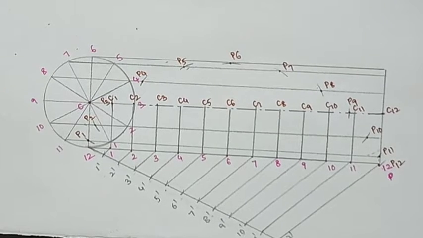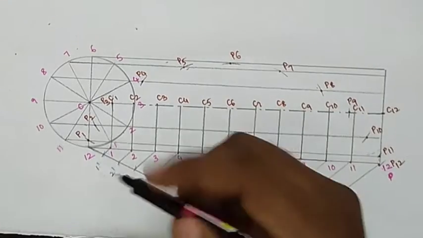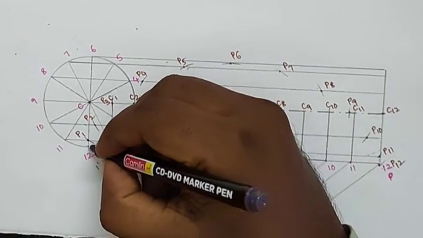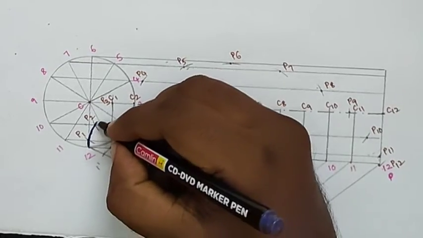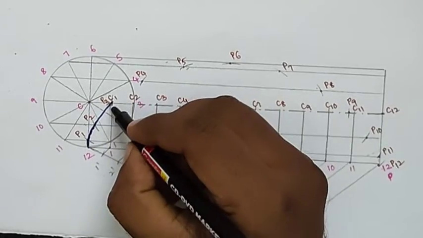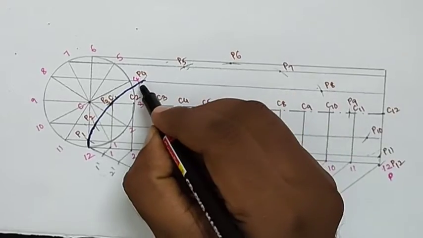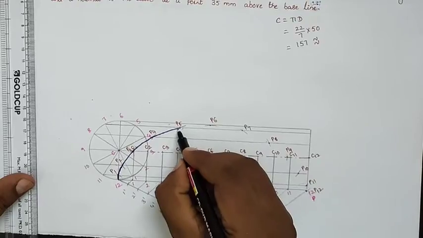Now we can join all the points through the fixed point 12. So joining 12 and P1, P2, P3, P4, P5, and so on.